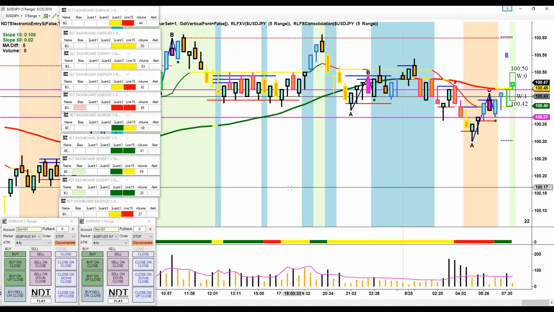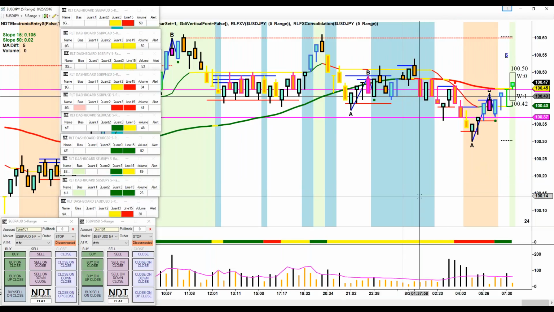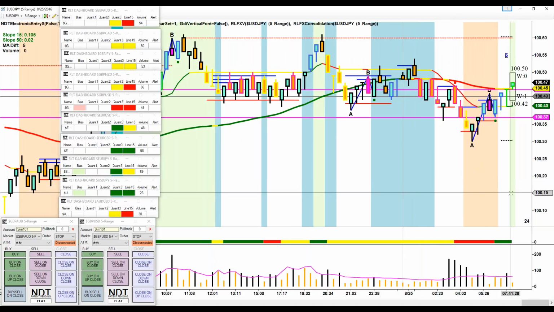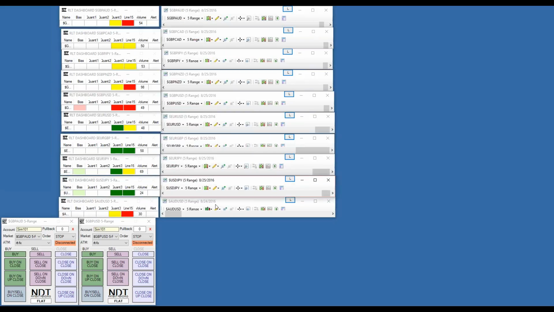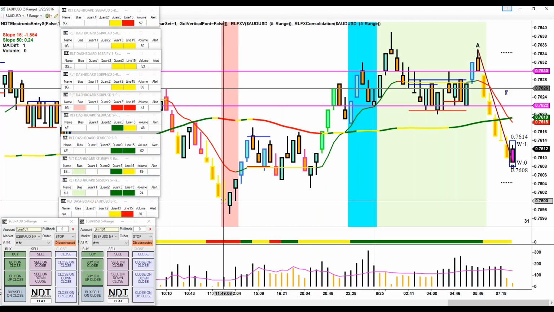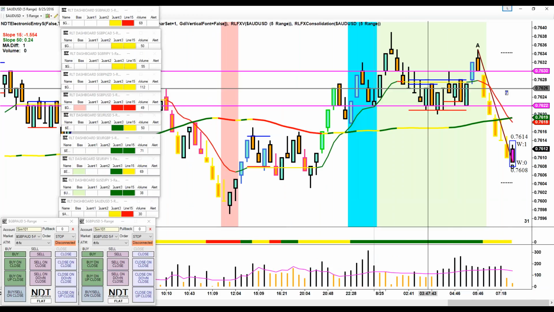Dollar yen, very few candles. And the Aussie dollar, again, here's the session. Very little.